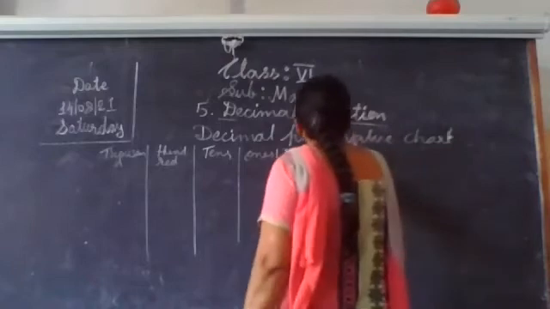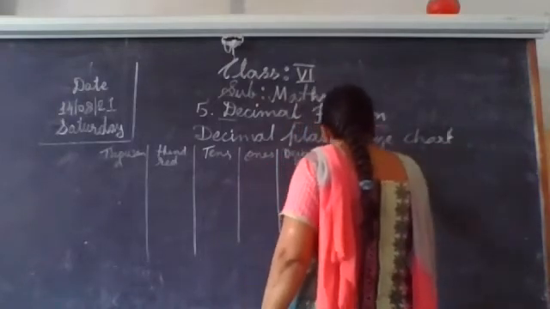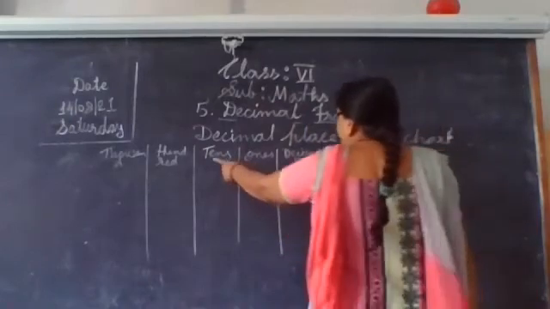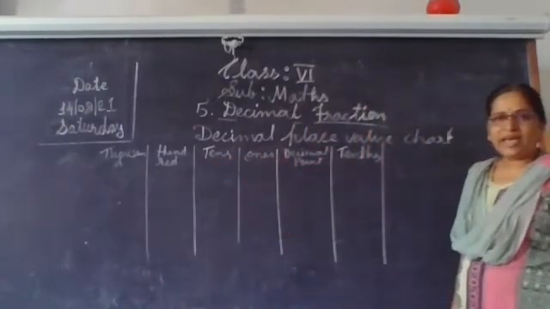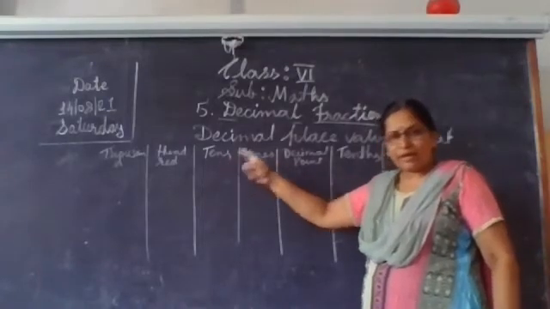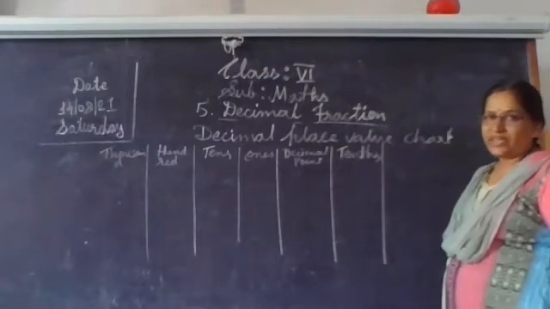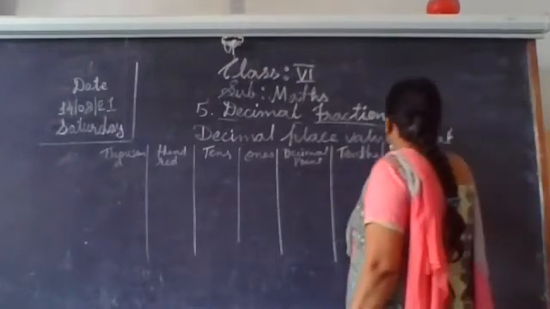And see the spelling better. TENTHS. Tenths. Here the spelling is TENS. So TENS means whole number. TENTHS means fraction.